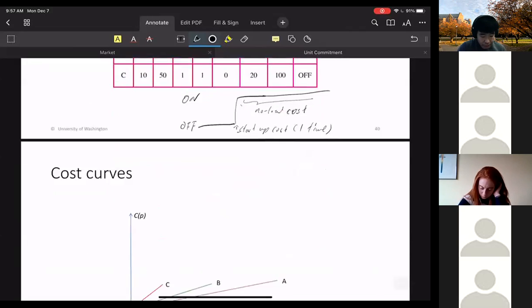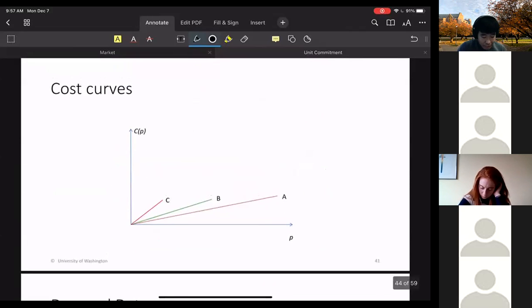Okay, good. So the reason we have linear cost is that linear cost makes solving the problem easy. Linear cost basically means always use the cheapest one to max capacity.